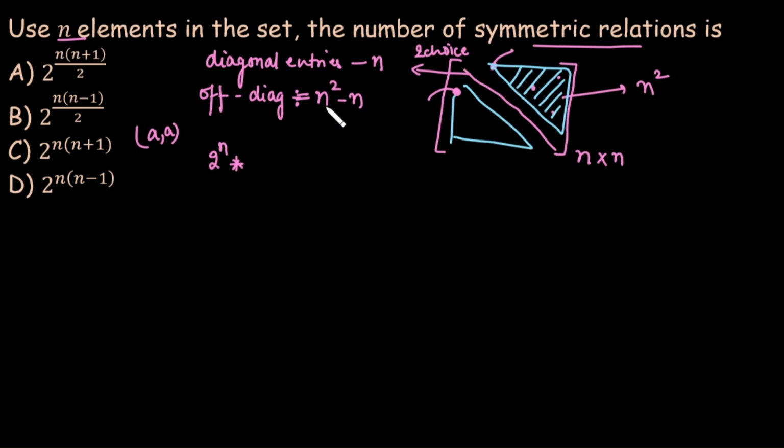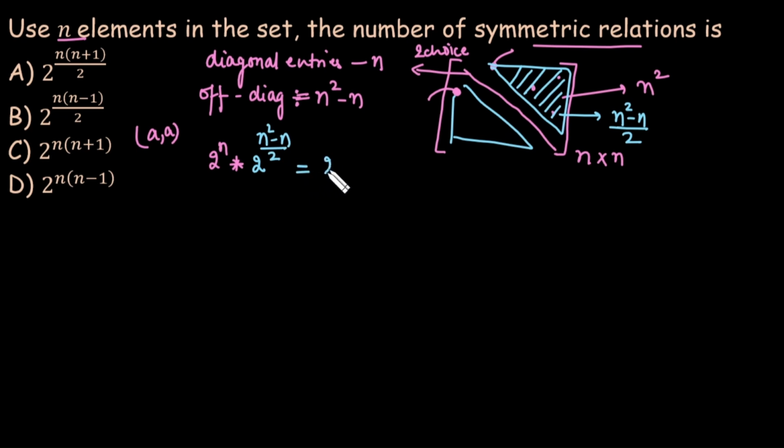Total off diagonal entries are n square minus n, and upper diagonal entries are (n square minus n) by 2. Each of these entries again has two choices. So we have possible cases 2 raised to power (n square minus n) by 2.